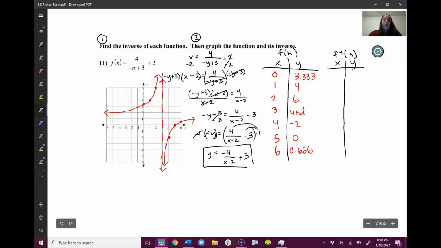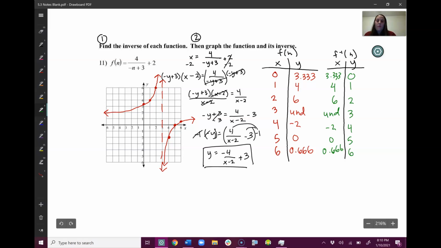Okay. Now, for the inverse, remember we just take these points on this table and we flip them. So now the y column now goes on the left, and the x column now goes on the right. And now let's graph these points.